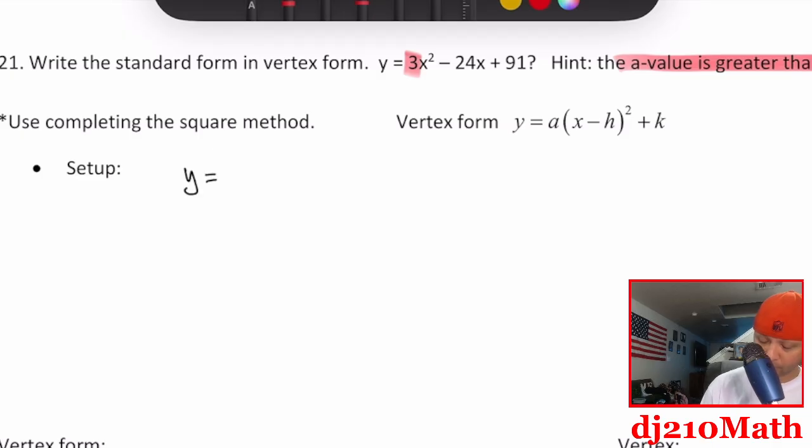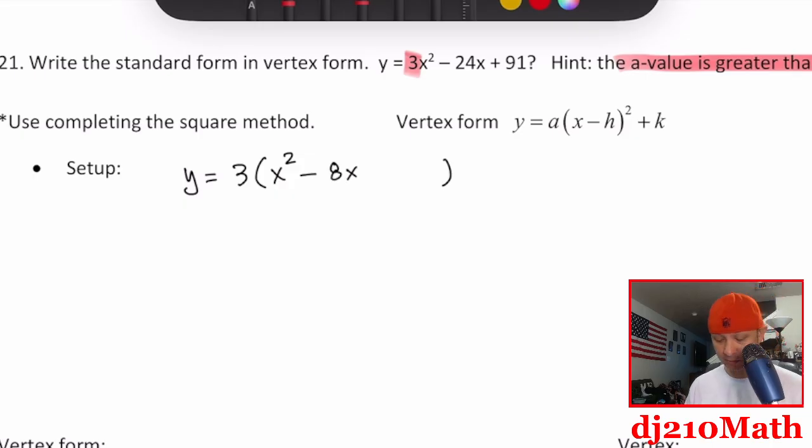Y equals what? 3. I'm going to factor out a 3 from the first two terms. So x squared minus 24 divided by 3 is 8.